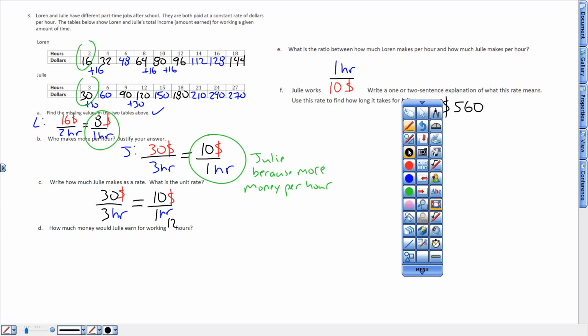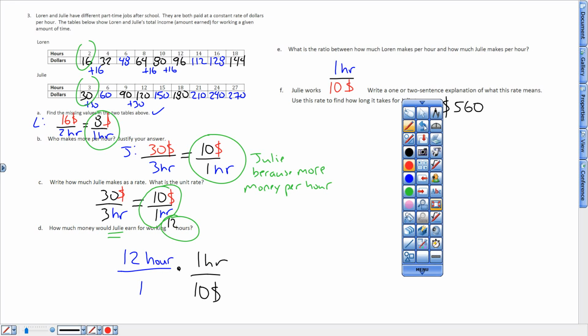All right, this next one here, it's having you use Julie's rate for 12 hours. That means I'm giving you a number with the hour unit. That number by itself is really over 1. I'm going to be timesing that by the right ratio, either the 1 hour over $10, but don't do that one because the hours won't cancel. You can't cancel straight across.